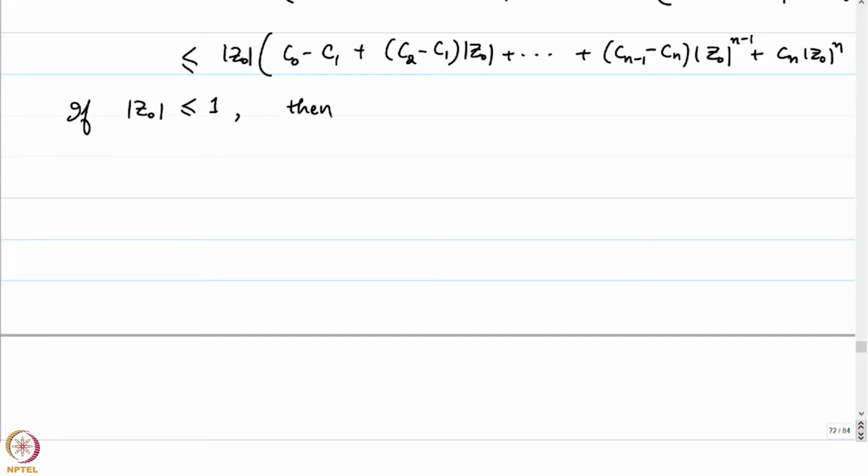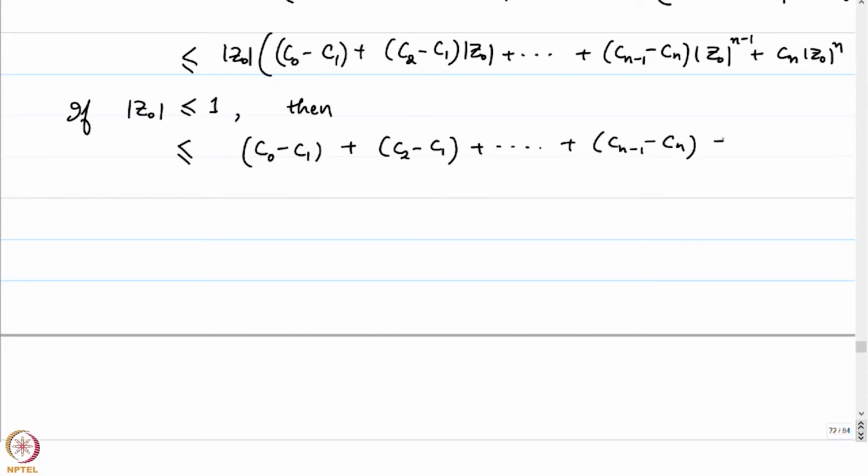Then let me just directly write this as less than or equal to C0 minus C1 plus C2 minus C1 plus Cn minus 1 minus Cn plus Cn. This is precisely what will happen if the absolute value of Z0 is less than or equal to 1. And this telescopic sum will just be equal to C0.